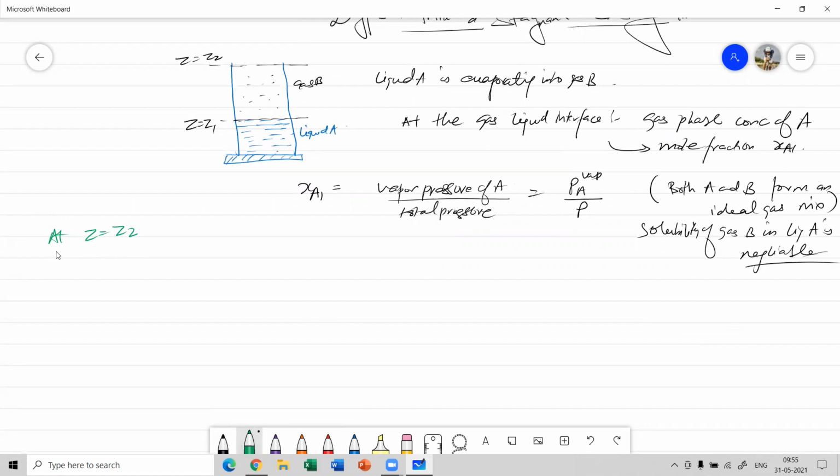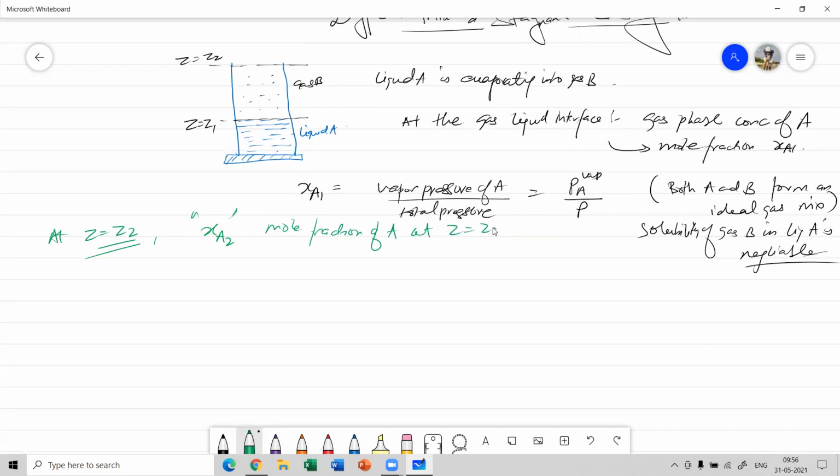there is a stream of gas mixture A and B with concentration XA2 flowing past. So at Z equal to Z2, the composition of A in gas mixture AB is XA2, which is the mole fraction of A at the top.